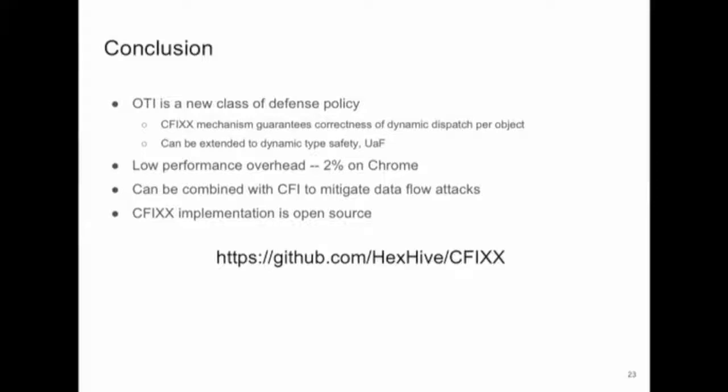It has low performance overhead, 2% on Chrome, and within the same ballpark on the computation-intensive SPEC CPU benchmarks. We've shown how it can be combined with control flow integrity to mitigate data flow attacks. And our implementation is open source at this link. I encourage you to go check it out. And with that, I am done, and I'm happy to take any questions.